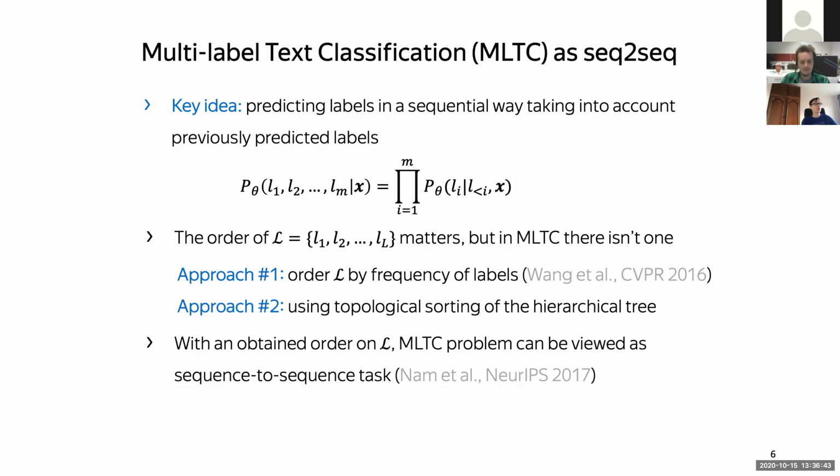So we have to order the labels somehow, and one approach is to order the labels by frequency of labels. And if we are presented with a hierarchical tree, we can also use topological sorting. And with this obtained order on L, this problem can be viewed as a sequence-to-sequence task.